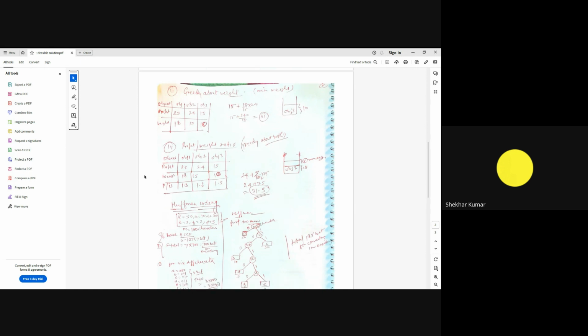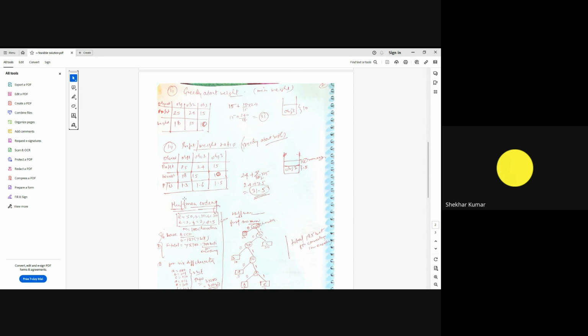Then we find the profit and weight ratio. The ratio is 1.3 for the first object, 1.6 for the second object, and 1.5 for the third.